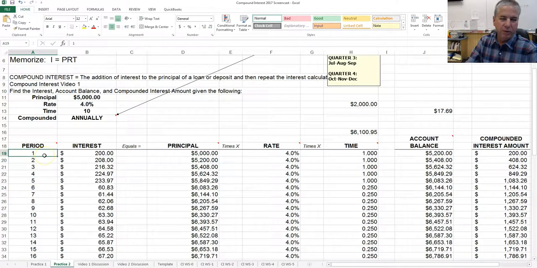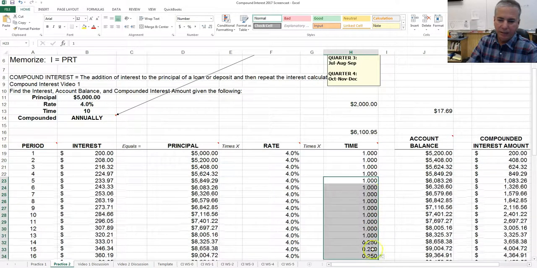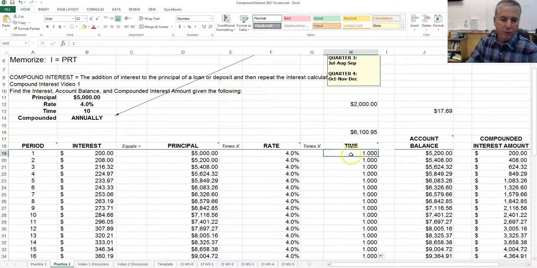So each one of these periods represents 1 year, and so 10 of these would be 10 years. Make sure we've got that listed correctly. Time always has to be in terms of a year. So if we're compounding once a year, time has to be 1 year. If we were compounding every 2 years, we could put a 2 there.